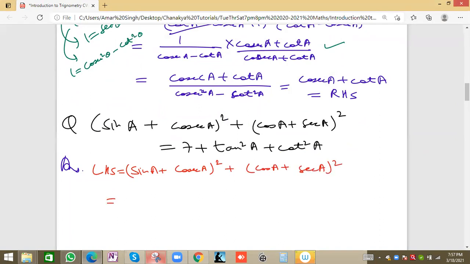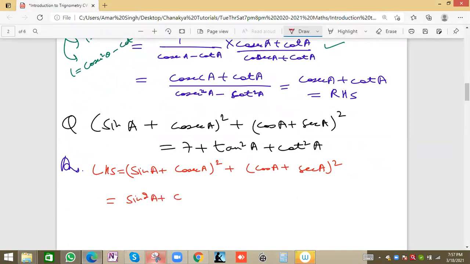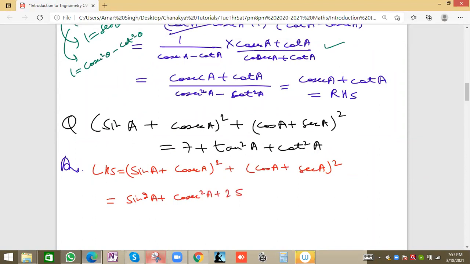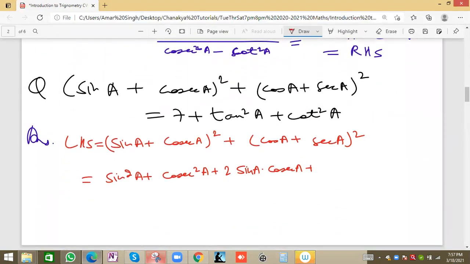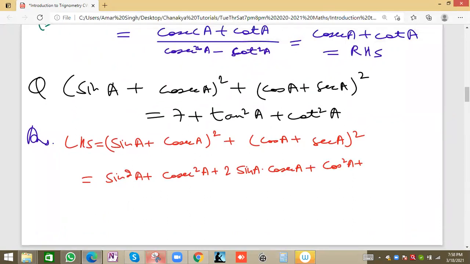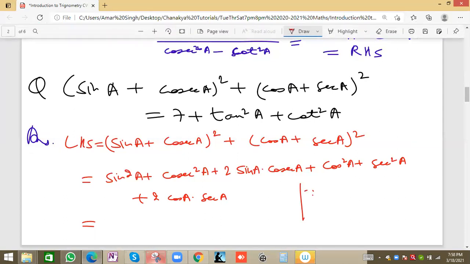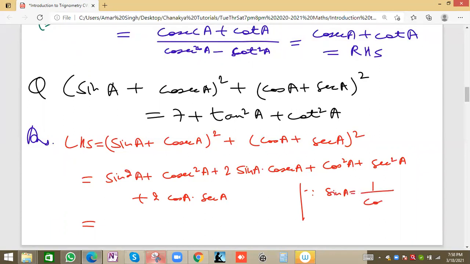A plus B whole square basically gives sin square A plus cosec square A plus 2 sin A into cosec A, plus cos square A plus sec square A plus 2 into cos A into sec A. See, sin A cosec A: cosec A is 1 by sin A, and cos A is equal to 1 by sec A. So these cancel out, and sin square A plus cos square A is 1. 1 plus this will be 2, and this is 2.